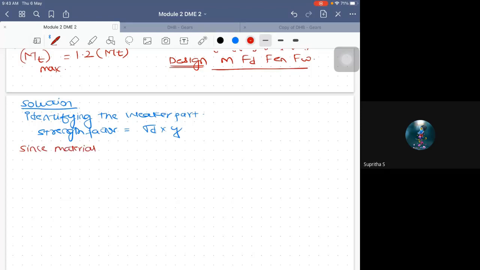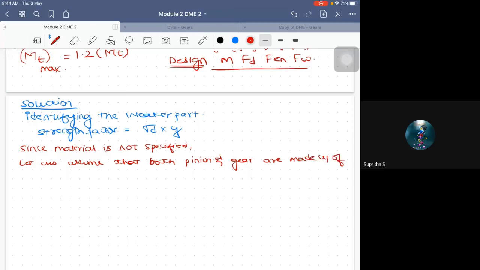Since material is not specified, let us assume that both pinion and gear are made up of the same material, that is steel C45 untreated.